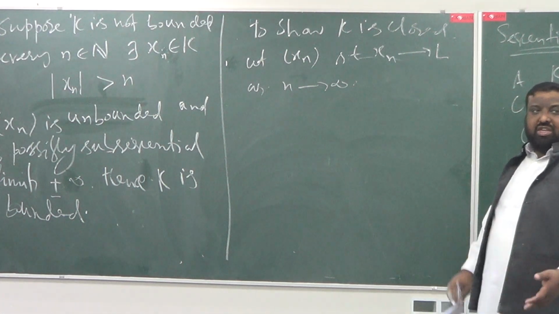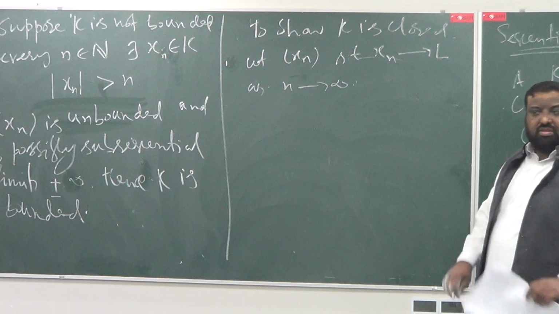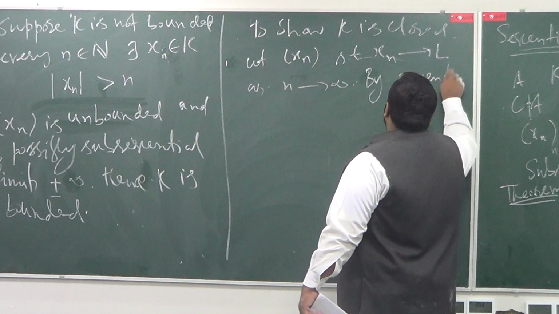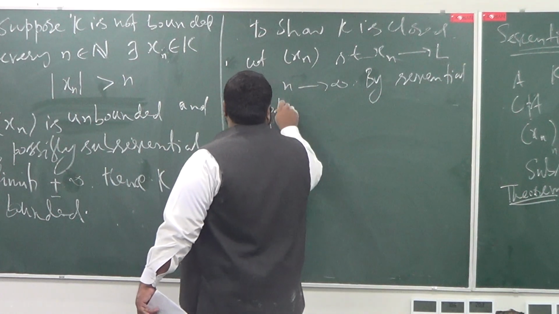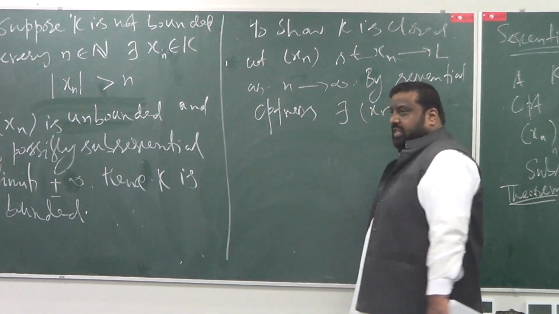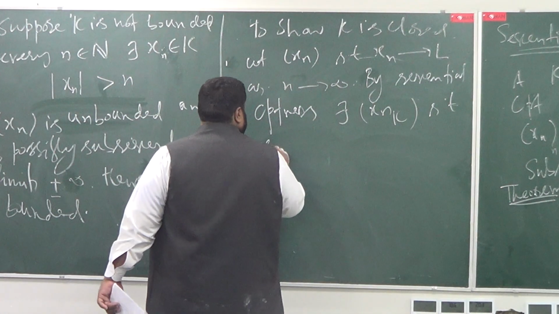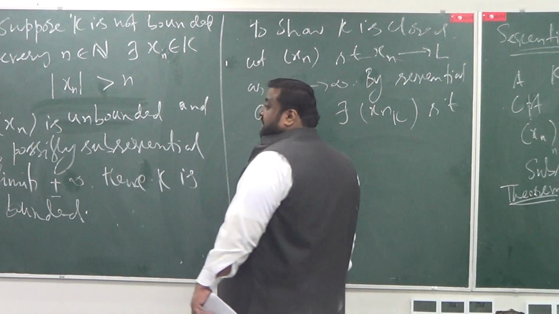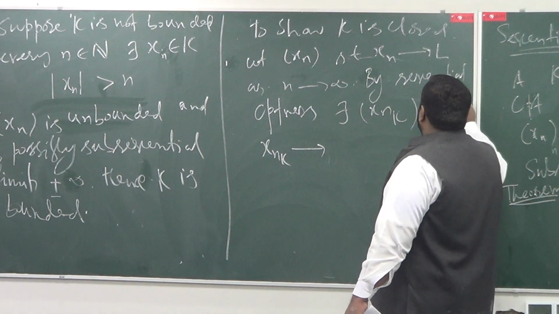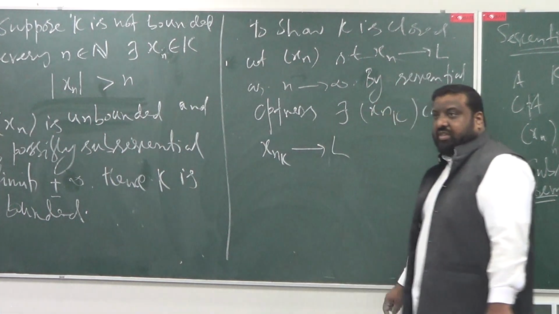We know that if a sequence is converging to some limit, then every single subsequence is also going to converge to that limit. So by sequential compactness there exists a subsequence xnk such that this xnk is convergent, and it must converge to L.